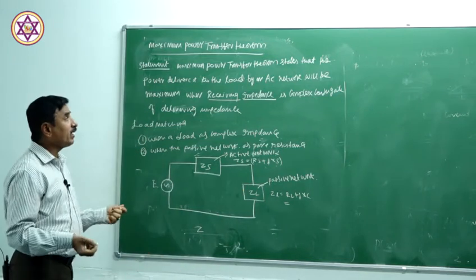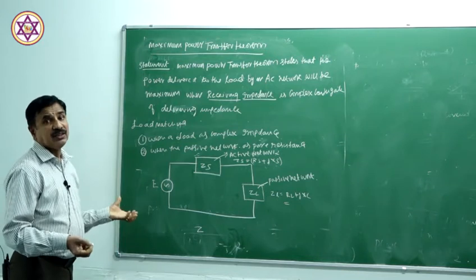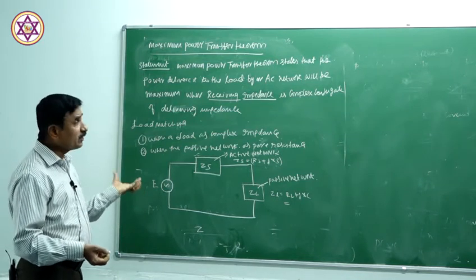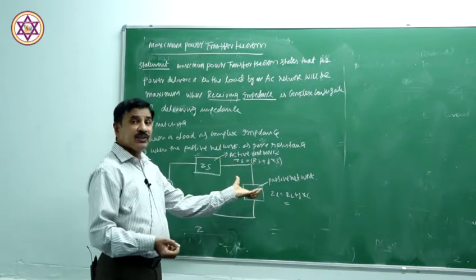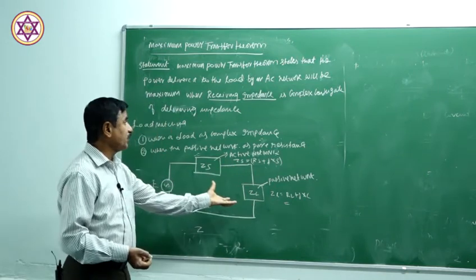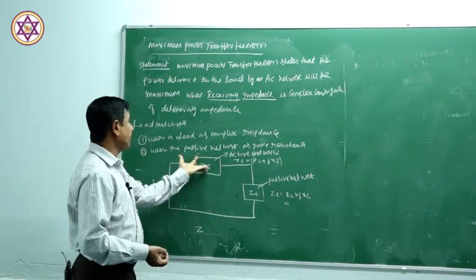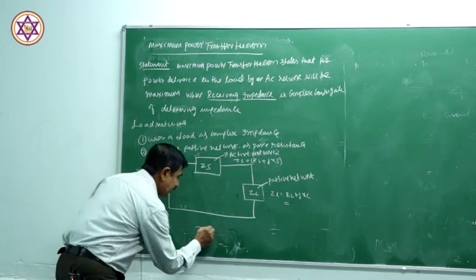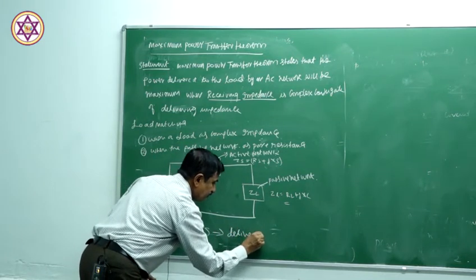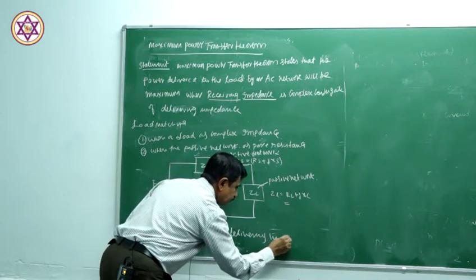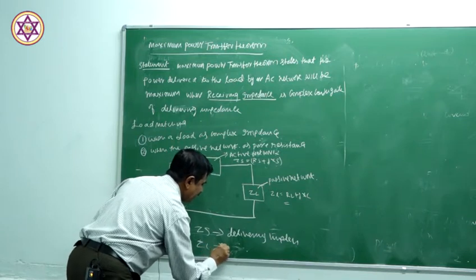So when do we get the maximum power? According to this, the AC network will deliver maximum power at the load when the receiving impedance is the complex conjugate of the delivering impedance. Here ZS is the delivering impedance and ZL is the receiving impedance.